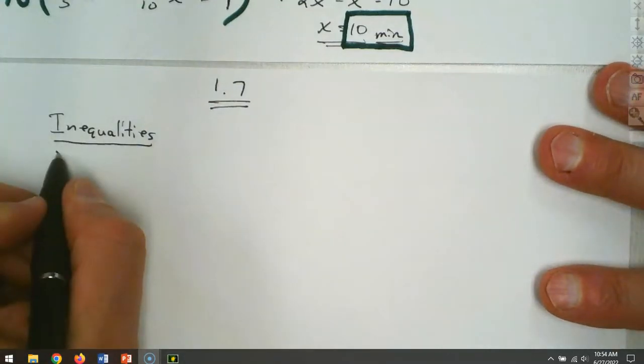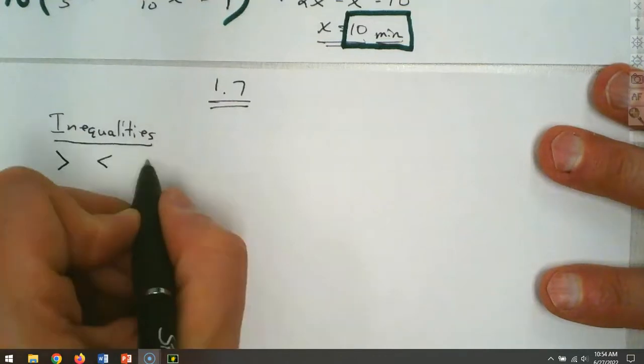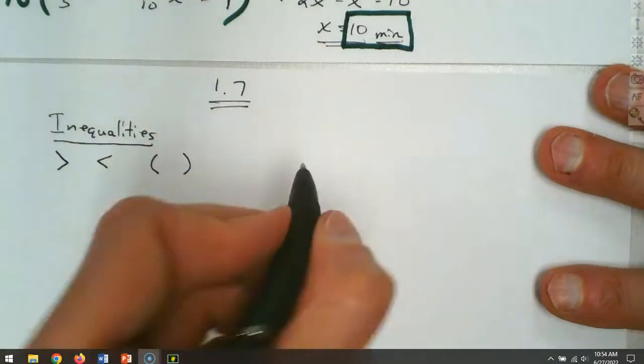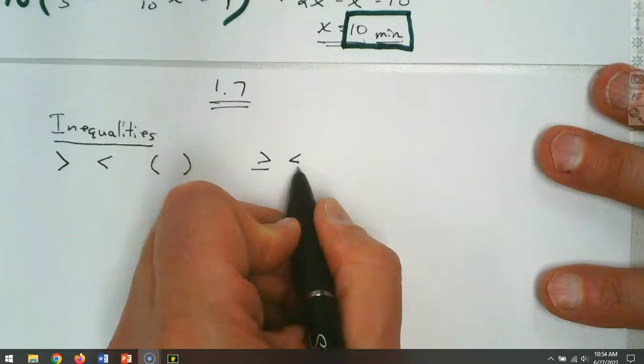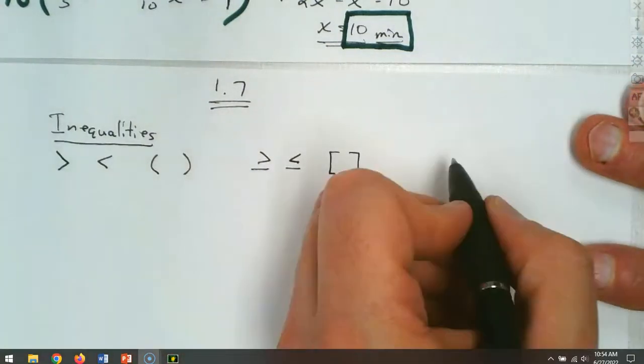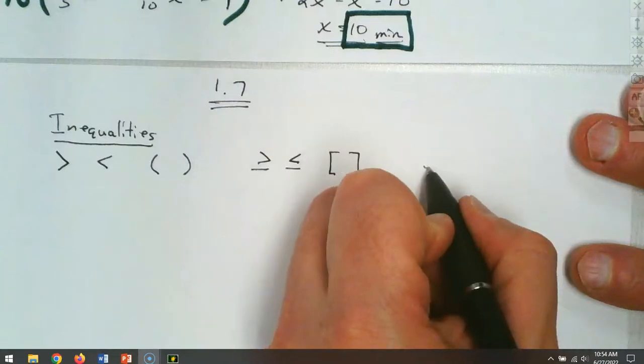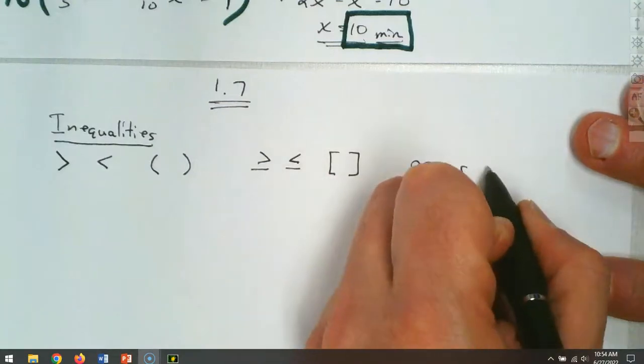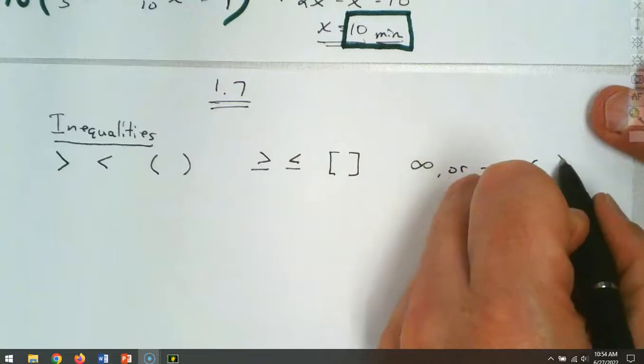And we've got greater than or less than. Remember, those get parentheses. Greater than or equal to, less than or equal to, those get the brackets. And then what about positive or negative infinity? Positive or negative infinity, it also gets parentheses, right?